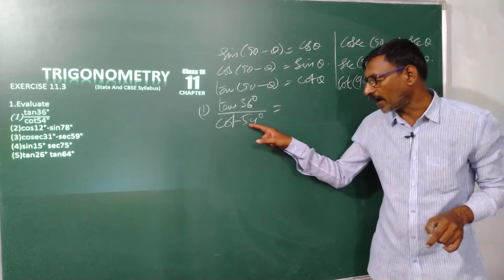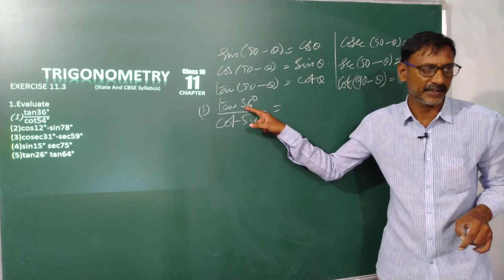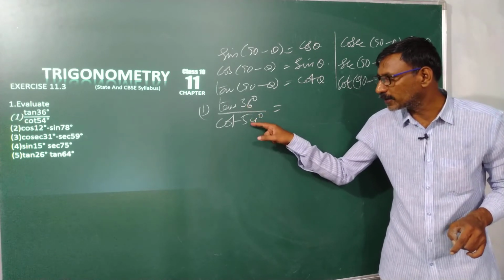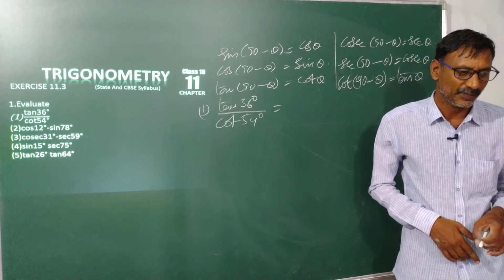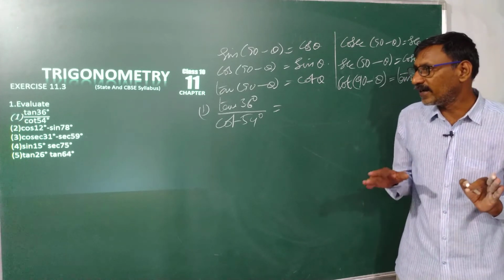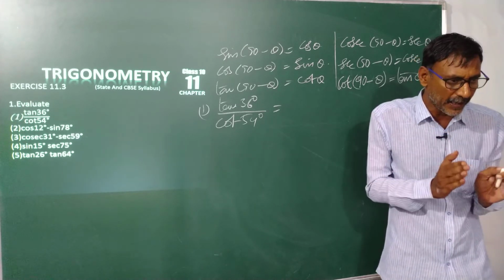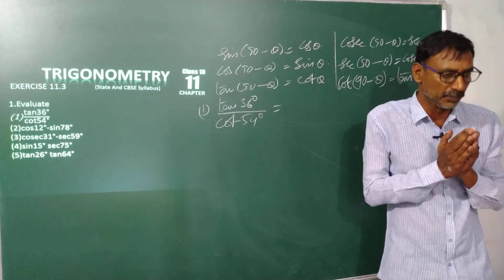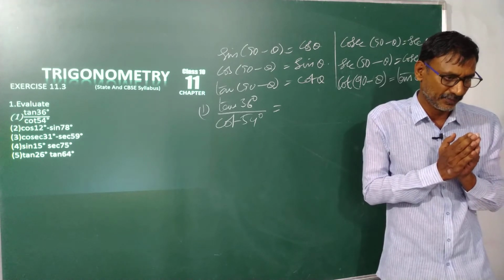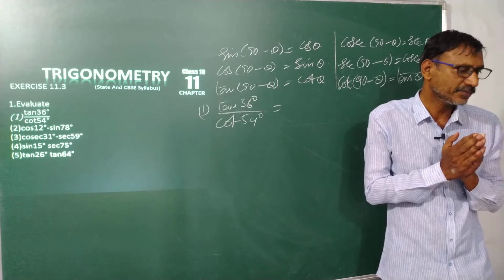See here, cot 54 degrees is there and tan 36 degrees. 36 plus 54 is 90. I told you clearly, complementary angles. They will give this type of problems with the help of complementary angles. The sum of any two angles must be 90 degrees, because these complementary angles are acute angles.